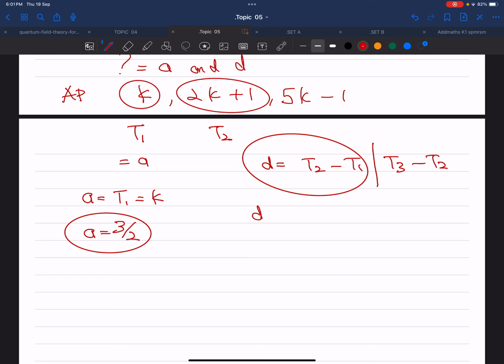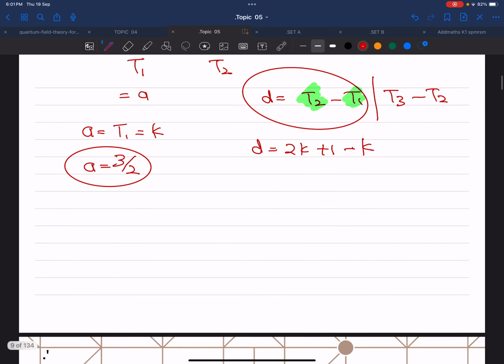So now D, our T2 is 2K plus 1, minus our T1, which was K. So from here, D is 2K minus K, which gives us K, and then plus 1.